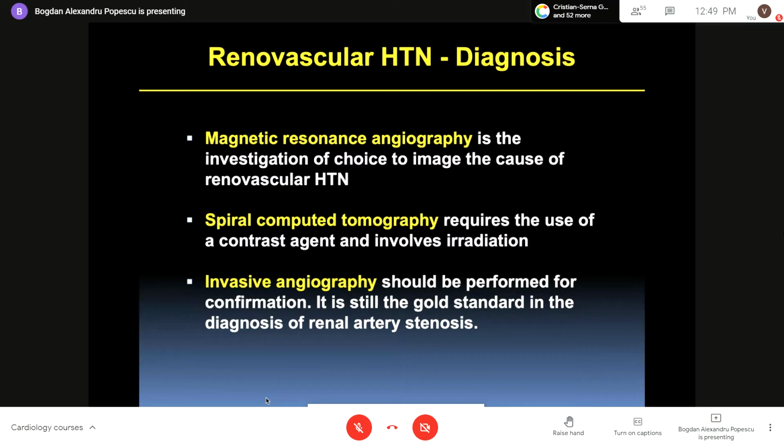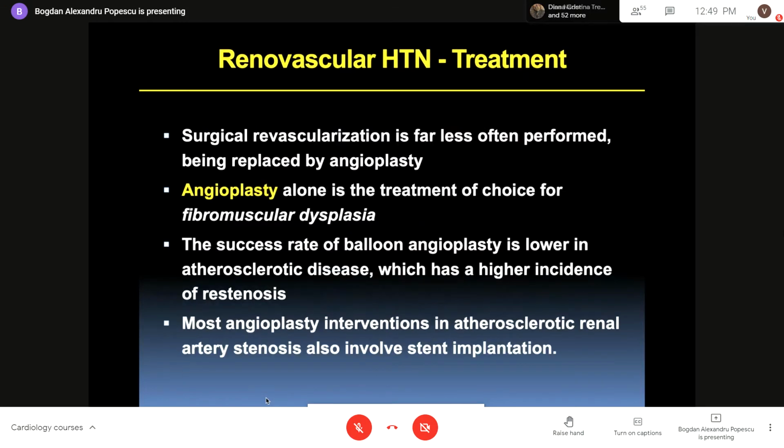However, invasive angiography is still considered the gold standard for diagnosing renal artery stenosis, and it may also be the means of treating it if you decide to have a dilatation of the stenosis at that level.